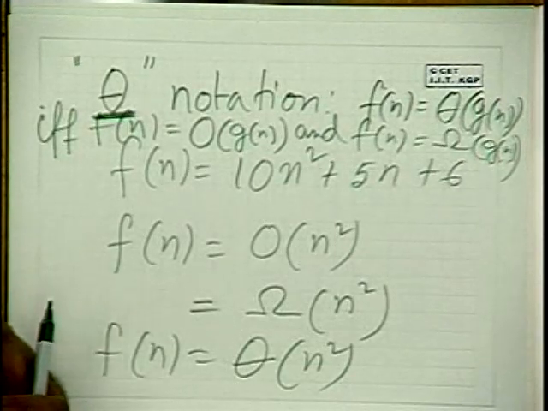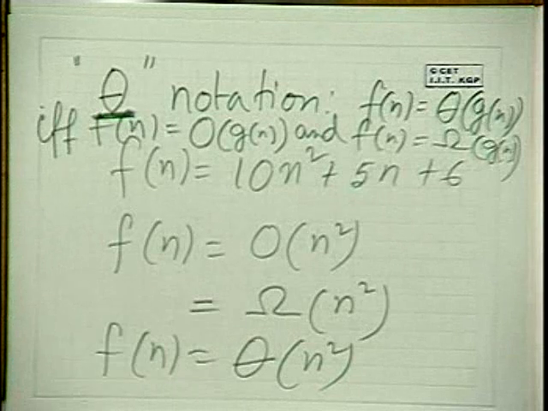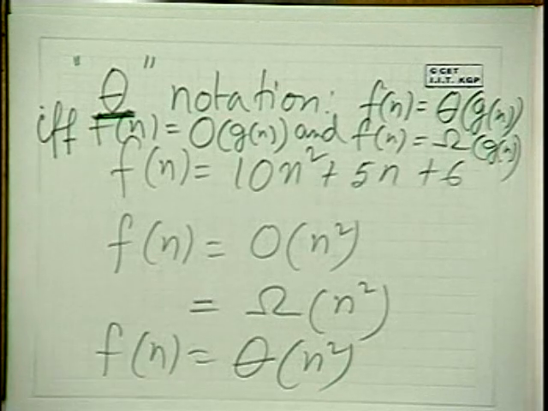Nobody can ask you. It cannot be reduced to order of n. If you have proved something is omega of n square, you cannot prove that it is order of n. Similarly, if you only prove it is omega of n square, somebody will come and ask why it is not omega of n cube. But if you have already shown it is order of n square also, nobody can ask you that question. It's a tight analysis, and that's the significance of theta.